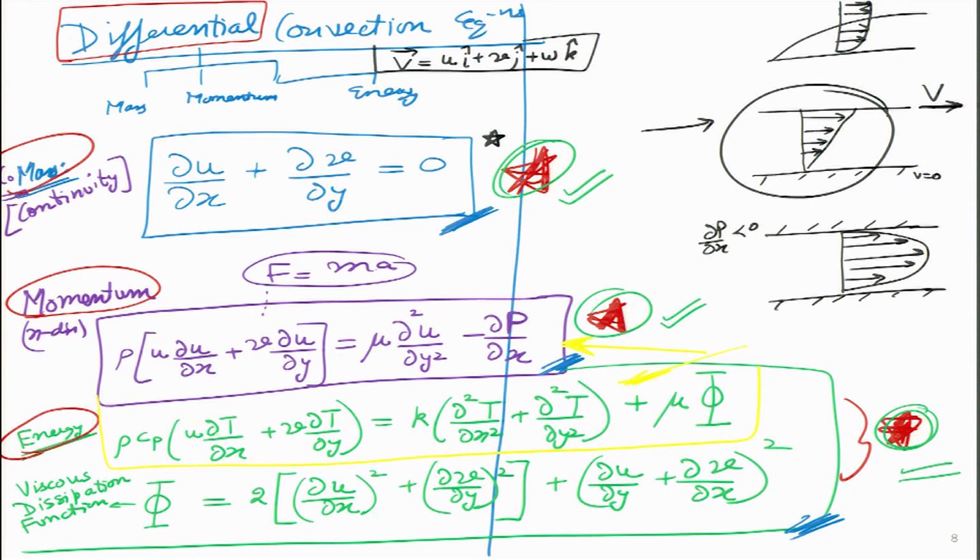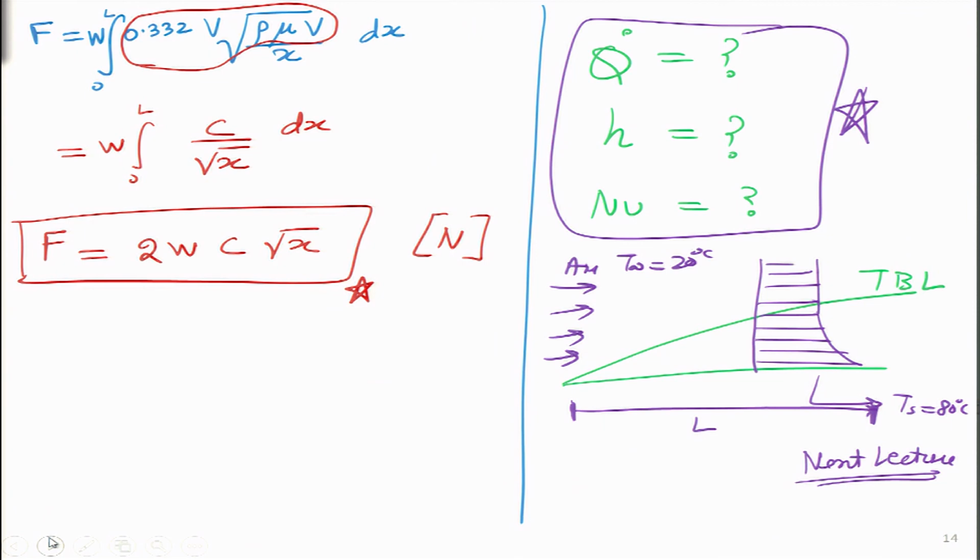So, we see some sort of mathematical similarity. In the first term also, del square T by del x square, here it is del square u by del y square. So, very much similarity we are seeing, and this thing we will figure out later on, which helps us tremendously in creating some analogies between the heat transfer and the momentum transfer, and those analogies we will also study in the next lecture.